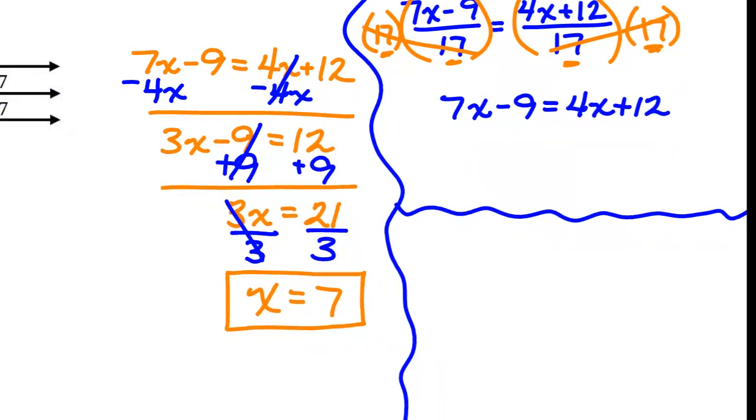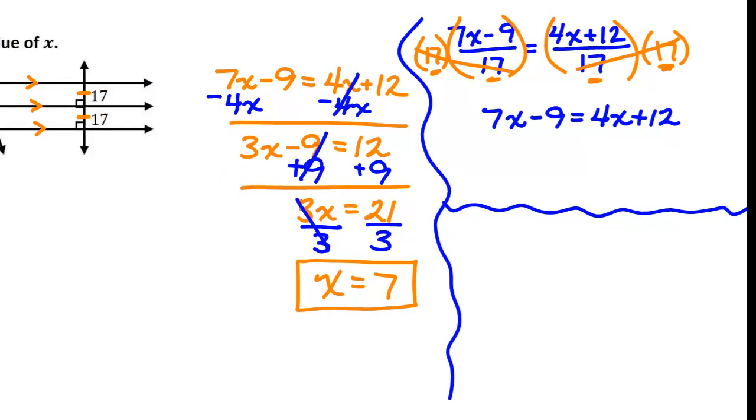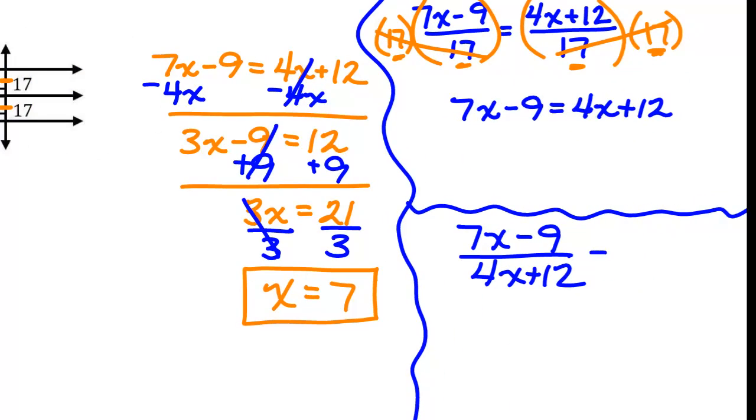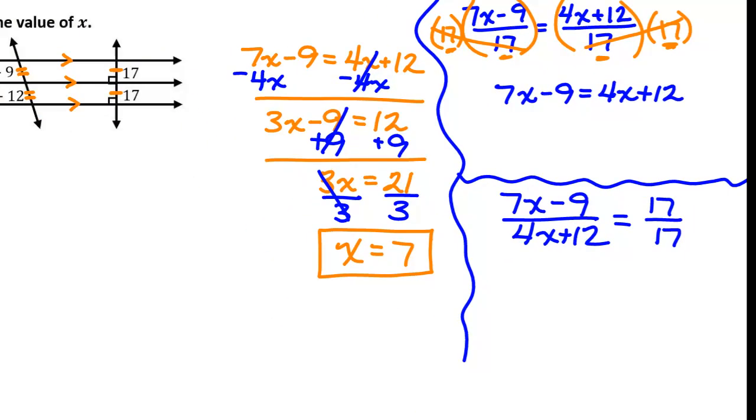I had some people on the skills check yesterday set it up slightly differently, but it was still correct. They did 7x minus 9 over 4x plus 12. So they looked at this and made a fraction out of it, and then they made this into a fraction. So equals 17 over 17. What is 17 divided by 17? 1. So that would be equal to 1.